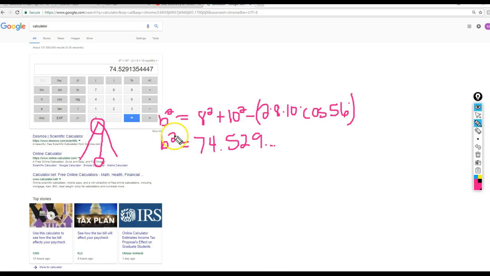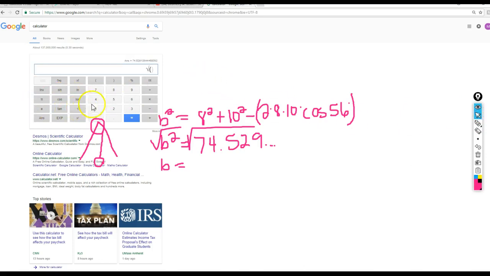Now that's the value of b squared. I want to find the value of b. So I think, okay, the inverse operation of a square is to square root. So then the square root of b squared is b, and that's going to equal the square root of 74.529.